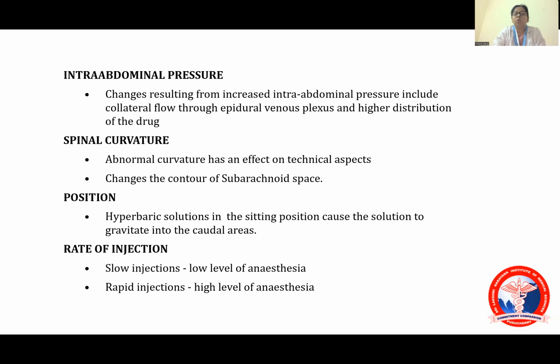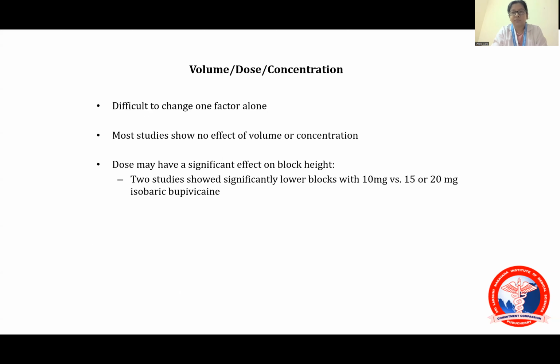In cases of slow speed of injection, low level of anesthesia is attained, and in cases of rapid injections, high level of anesthesia is attained. Volume, dose, concentration: most studies show that there's no effect of volume or concentration on the block height, and it is difficult to change one factor alone.